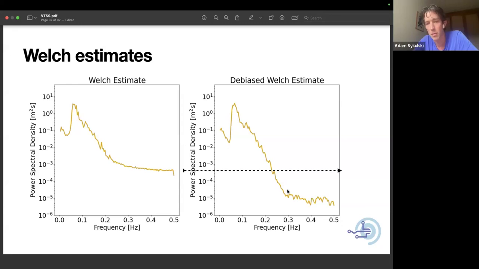So we seem to be able to go a little bit further than this noise floor that we're observing here. So maybe this was real, maybe it wasn't, but our method suggests that what's going on here is an artifact of the estimator rather than the true process. Because when we debias, we can go a bit further in the spectrum.